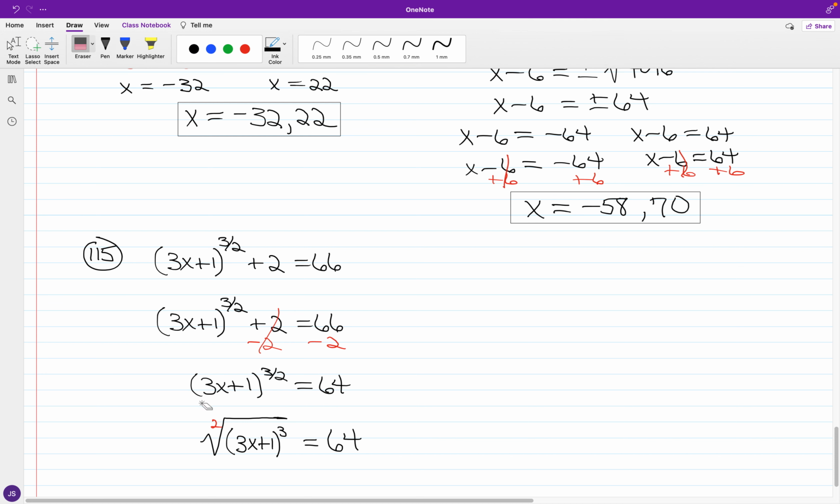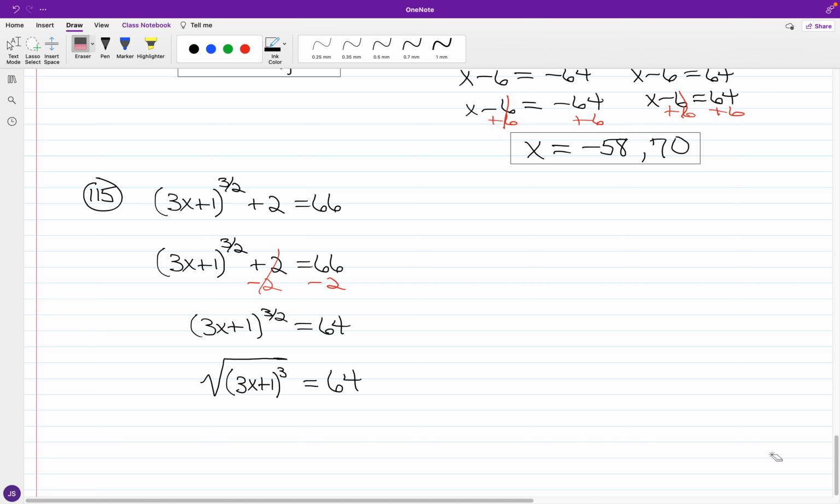In the square root of an expression set equal to 64, 64 is a non-negative value, and so I can continue. There's no violation of the principal square root rule, so I can continue by eliminating the radical, so I can square both sides.